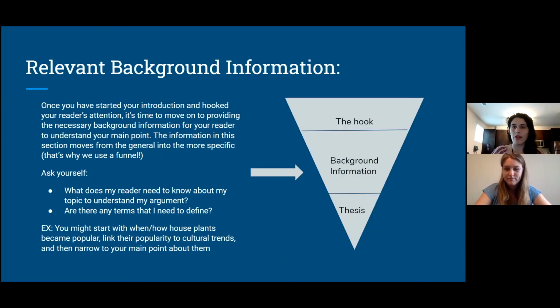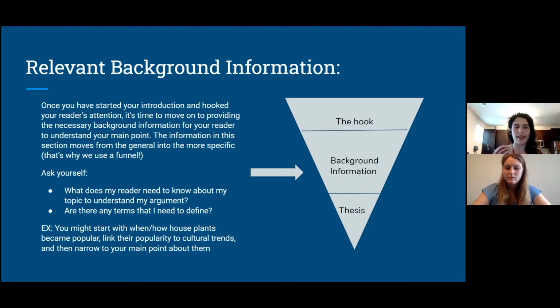The second part of the funnel is the background information. So once you start your introduction and hooked your reader's attention, you want to start to provide the necessary background information for your reader to understand your main point. This is the part where you start developing from a more broad or general point to a more specific point.